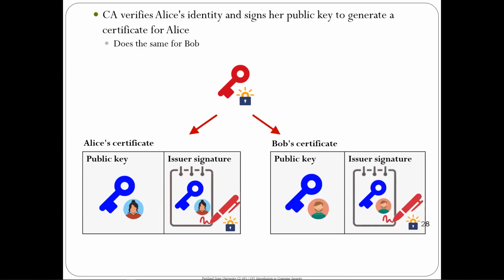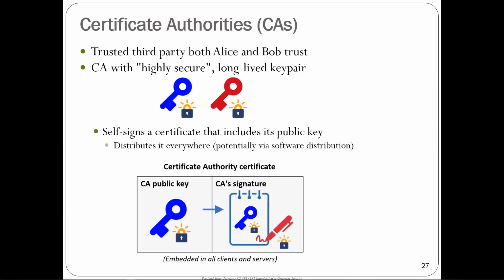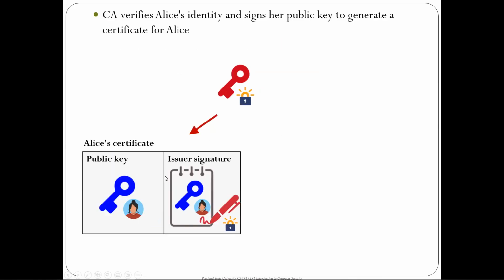Bob wants to be legit also, has a website, and also wants to do authenticated communication with Alice. So he has to do the same thing. When they want to communicate with each other, so Alice and Bob want to communicate, both of them have the CA's certificate, their original certificate, and have the CA public key.